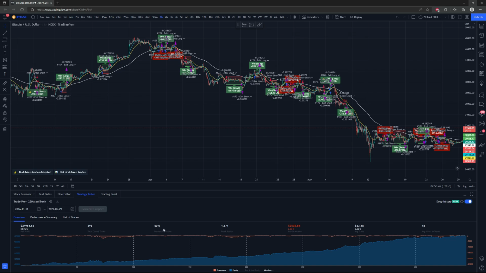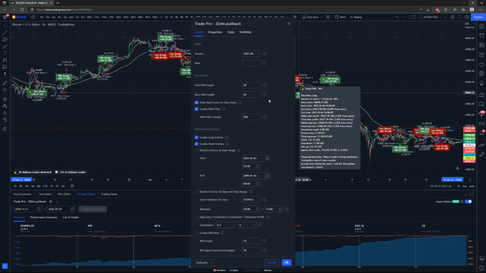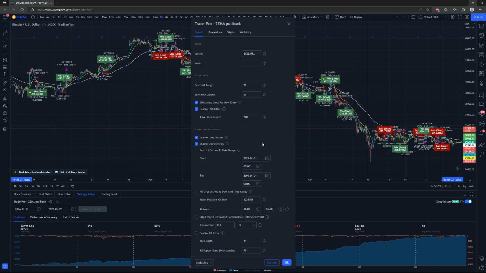So not 63 like it was on the smaller sample size of data, but nonetheless maintaining a strong edge in the market. So now I'll go over all the different customizable settings here where you can move the stop loss, take profit target parameters, do a trailing stop, dollar cost average feature, or change the exponential moving averages being used. So let's cover everything in here now.